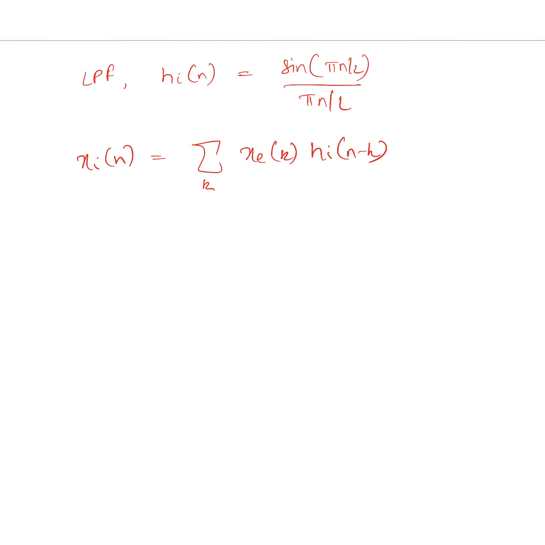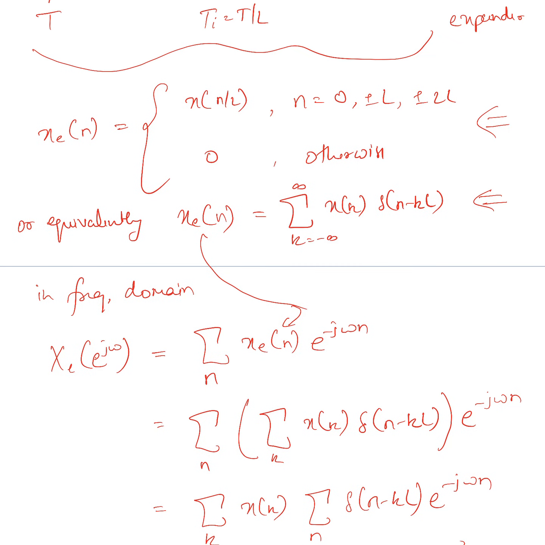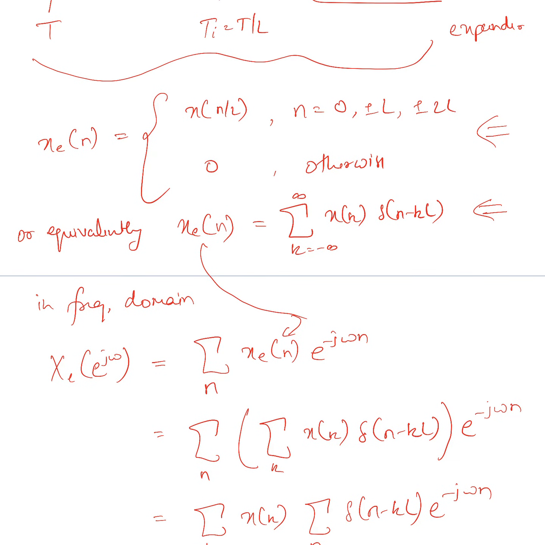Now Xe of k was equivalent to, if you see this definition, Xe of k would be x of k by L for k equal to 0, plus minus L and plus minus 2L.